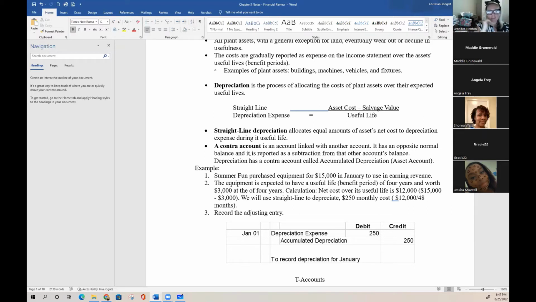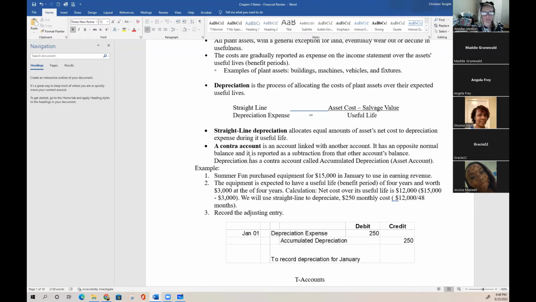When we talked about prepaid, I talked about doing a credit right into the prepaid account to reduce it. We don't do that with plant assets. With plant assets, once you put it on there, it stays at that amount. We have something called a contra asset account, which is accumulated depreciation. And instead of sitting as a debit, it sits as a credit. So it's an asset account that has a credit as its normal balance, which is called a contra asset account. It doesn't work exactly like the asset accounts do. It's a little different because it's offsetting the equipment.